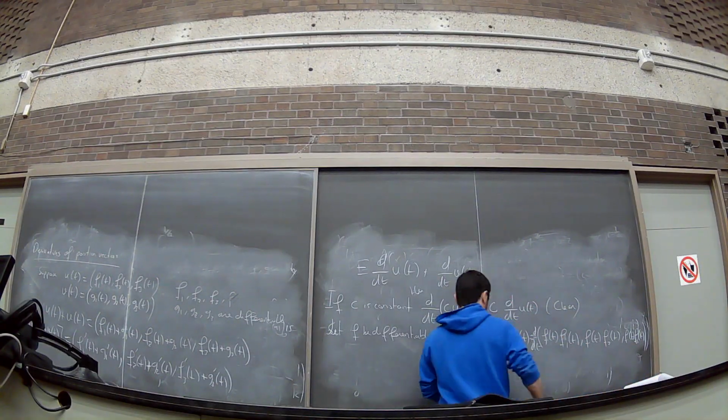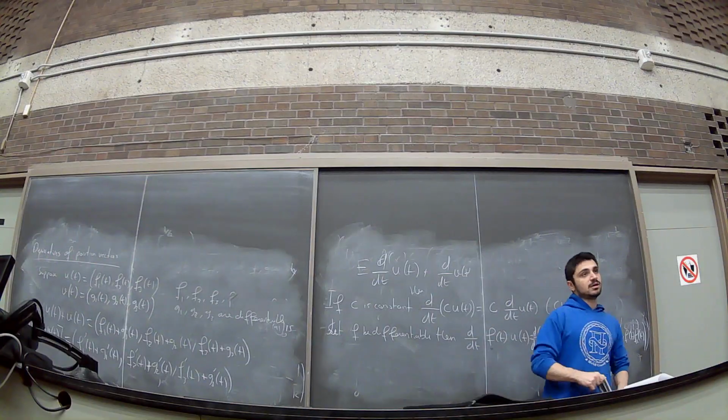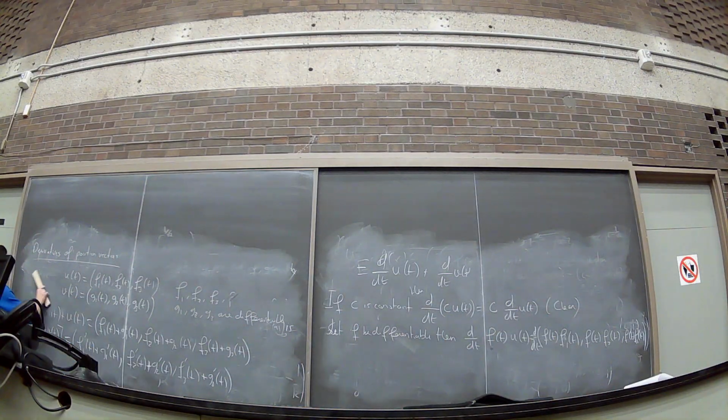So d by dt is just, you multiply f of t by each of these three components, and then what do you get?